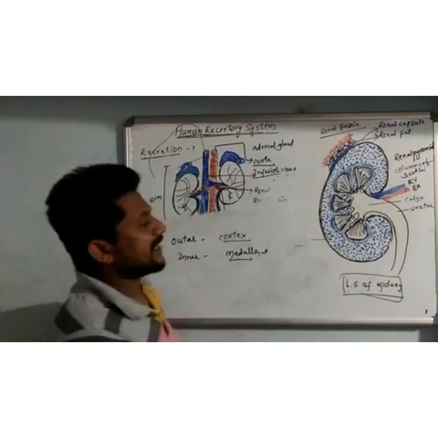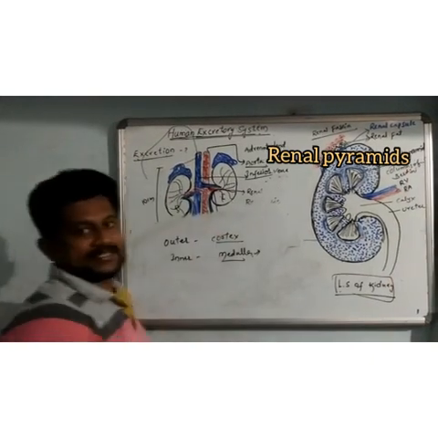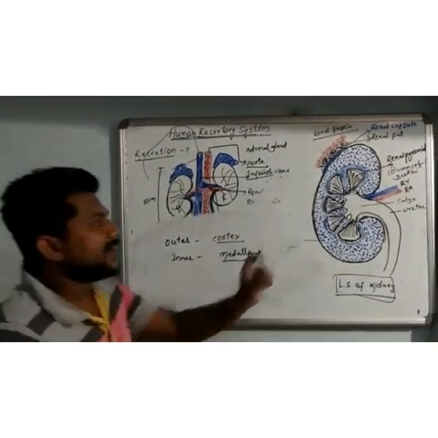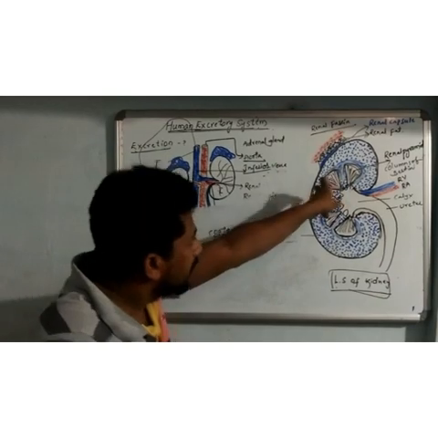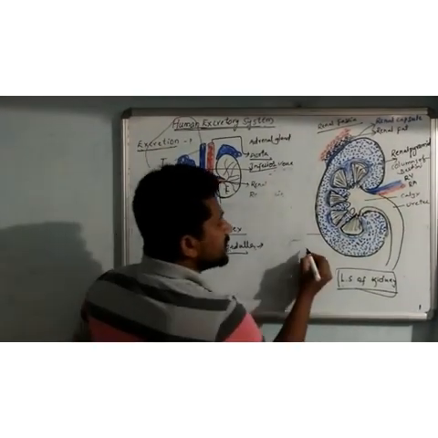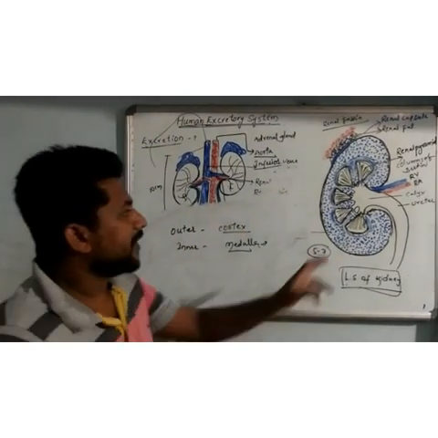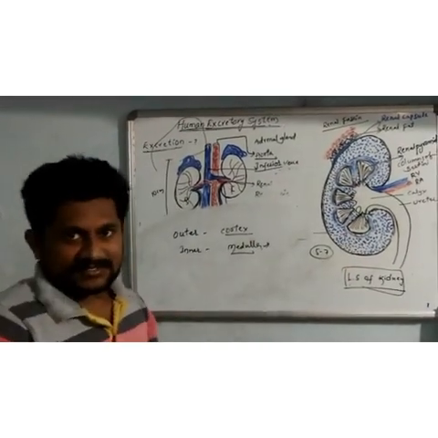These are known as renal pyramids. The renal pyramids are arranged in the medullary portion, and are nearly 5 to 7 in number. Each kidney has 5 to 7 renal pyramids.